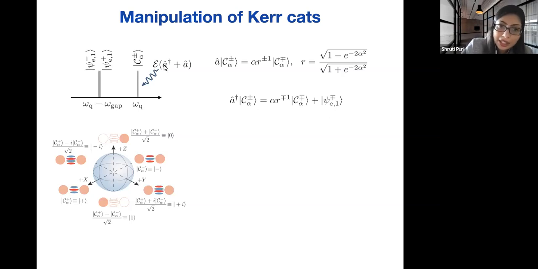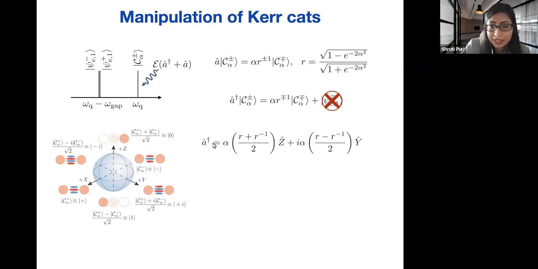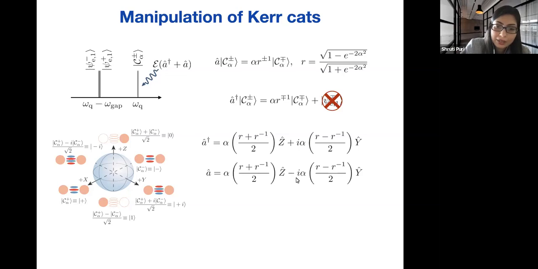But if the frequency of the drive is at omega q, then you won't be able to go to one of these excited states because those excited states are at a different frequency. So those transitions are not allowed. And as a result, you can basically just project A dagger and A in the cat basis. And you see that A dagger looks like this, some weird factor times sigma Z, some other weird factor times sigma Y, and similarly for A.